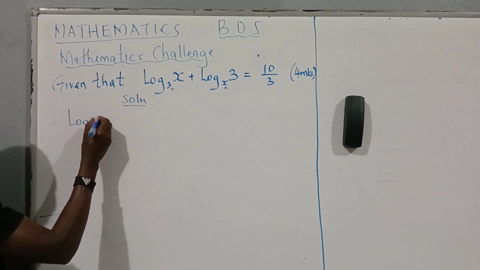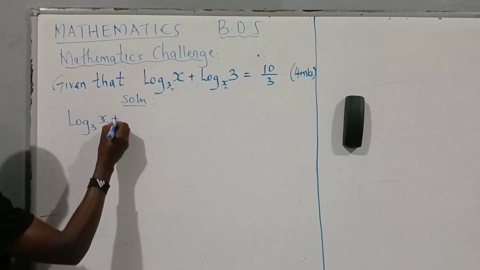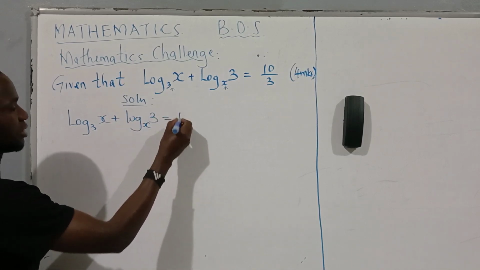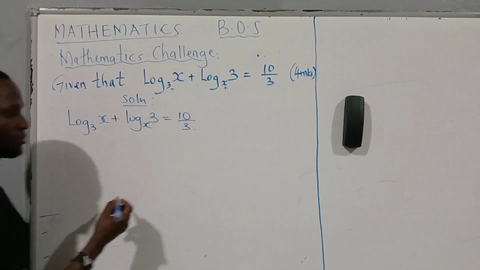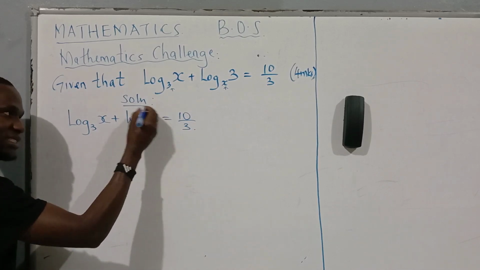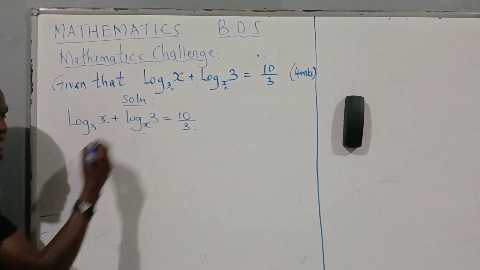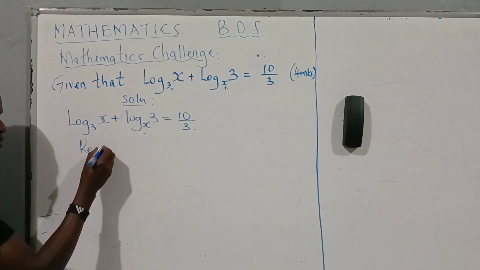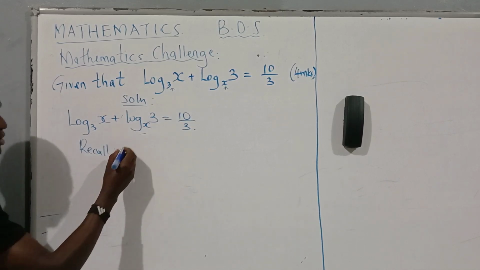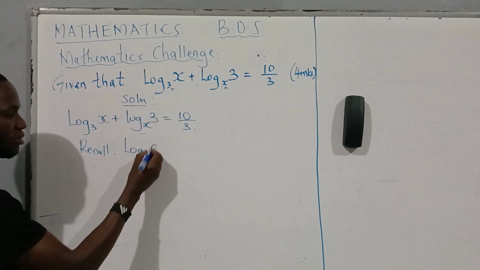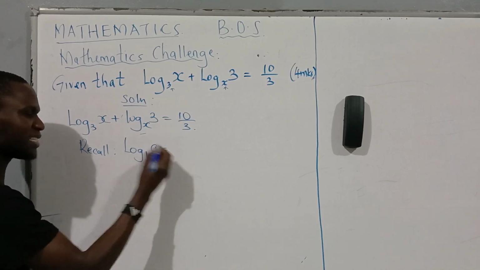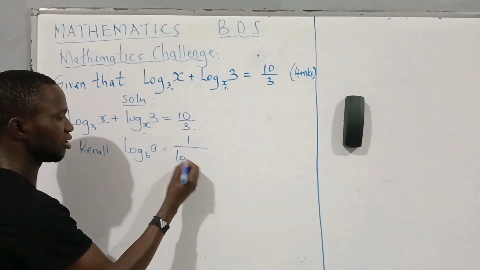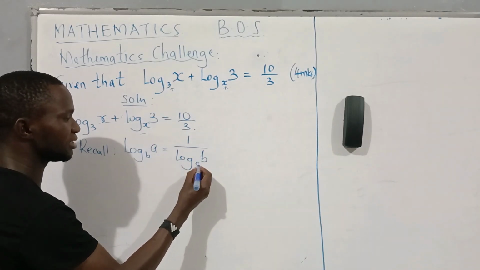We have log of x base 3 plus log of 3 base x is equal to 10 over 3. Now, for me to ensure that the bases are the same, I am going to recall that log of a base b is the same as 1 over log of b base a.